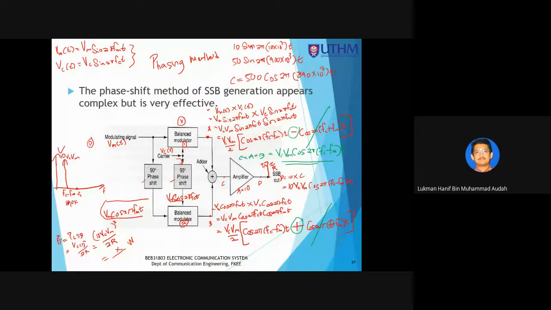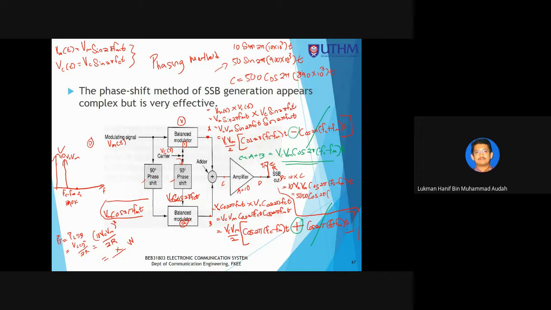VCVM berapa? So tadi kalau point D, bermakna contoh kalau VC dengan VM adalah 10 dengan 50, bermakna di sini jadi 500, so ini jadi 5000 lah. 5000 cos 2 pi dan juga lower sideband 900 tolakkan dengan 10. Ni saya tunjuk contoh berdasarkan tadi.